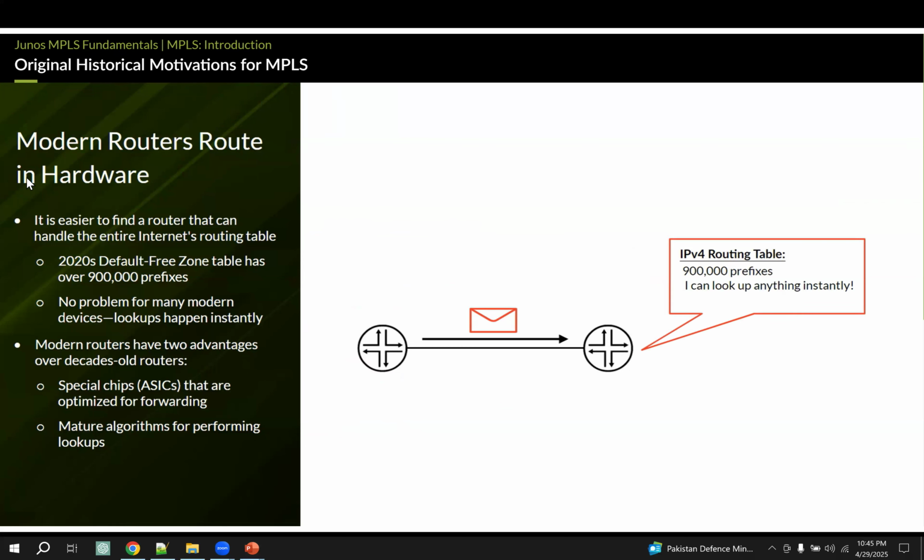Modern routers route in hardware. You know about 9 lakh prefixes. I'm talking about IPv4, where the default free zone, that means the global table, has around 9 lakh prefixes. So there is no problem for many modern devices. Lookups happen instantly.